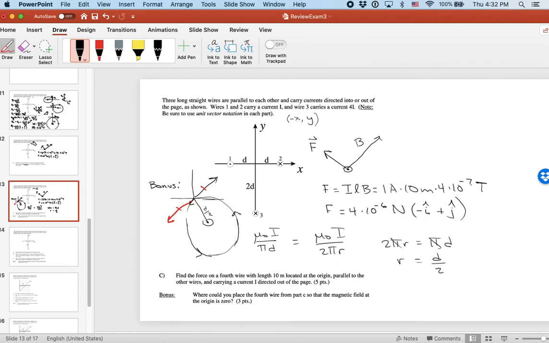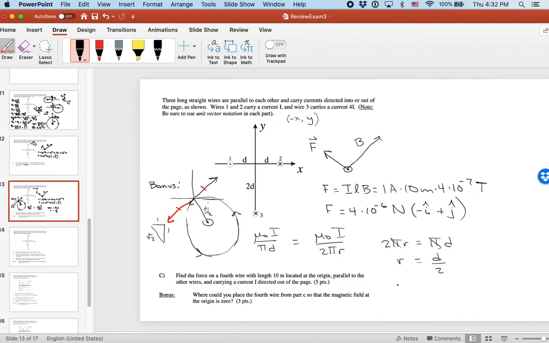And so if we want d over 2 away, then we can think about this as a 45-degree triangle. And when we have a 45-degree triangle, we have 1, 1, radical 2. So that means we would need to divide this by the square root of 2.